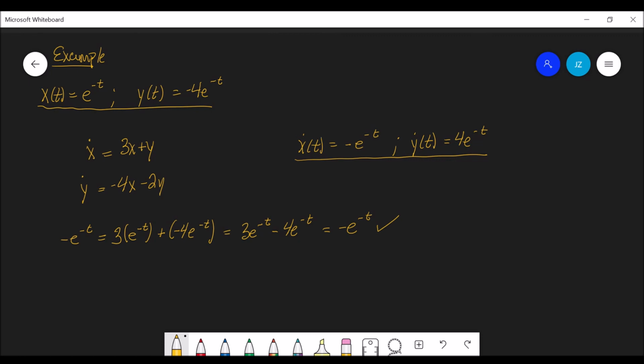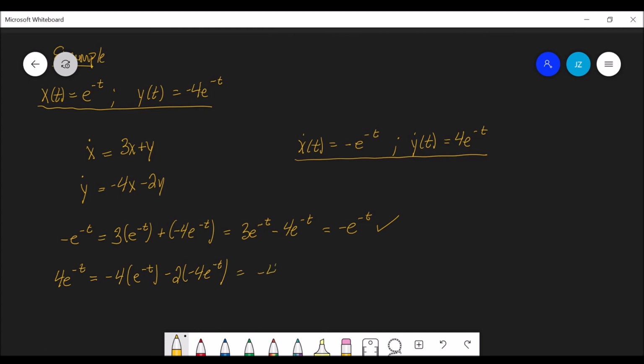Now let's check the second. So y dot, 4e to the negative t, must equal negative 4 times x minus 2 times y.